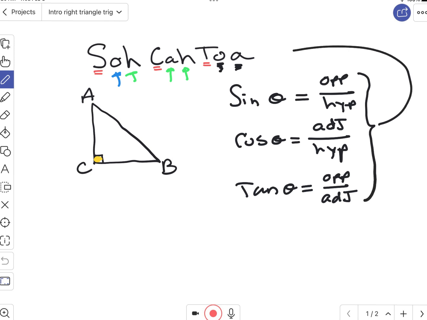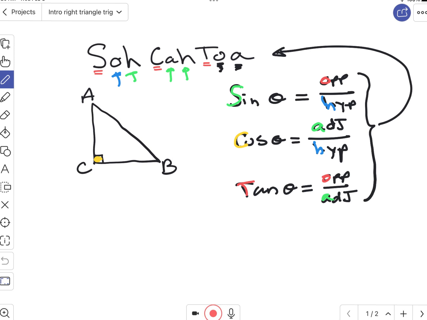We use this little acronym to help us remember that the opposite over the hypotenuse is sine. When we're talking about cosine, it is the adjacent side over the hypotenuse. And when we're talking about tangent, it's the opposite side over the adjacent. So that's how we get that little acronym.